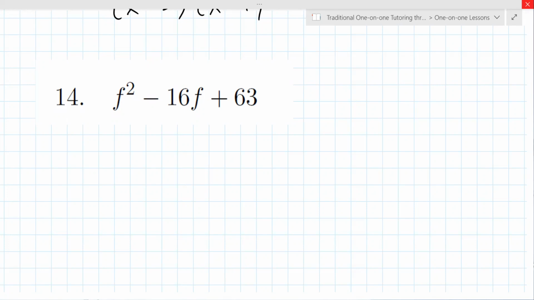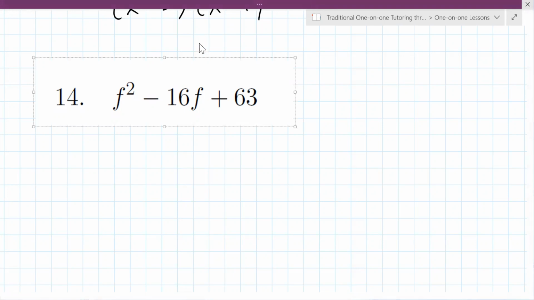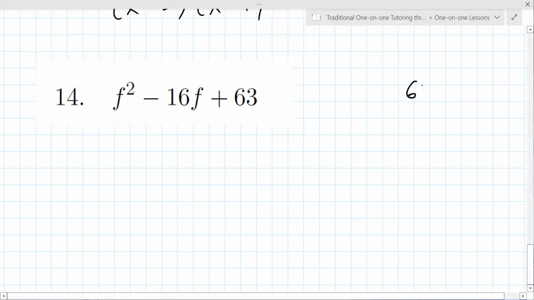Shoot. I do not really know what goes into 63. Okay, that's something we'll have to work on. I would be fine doing it, but I would just need a lot of time.